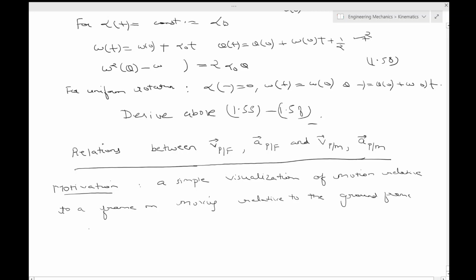So consider this case. The flow of gases. You must have seen videos of rockets taking off from the earth.